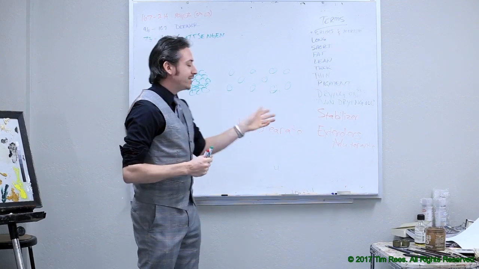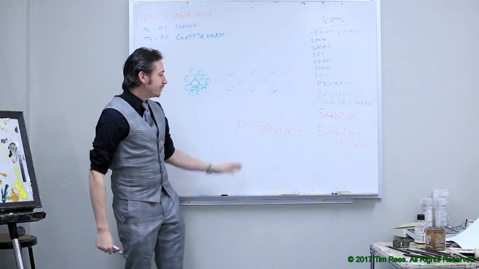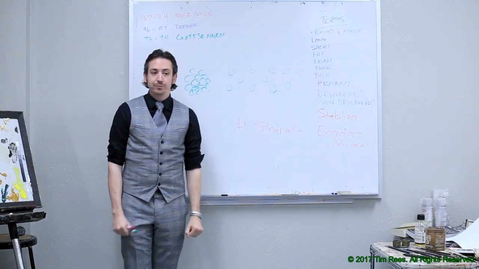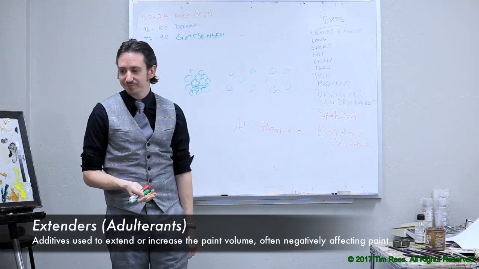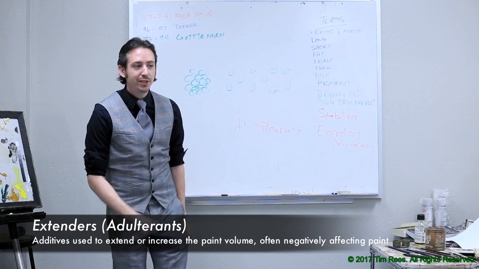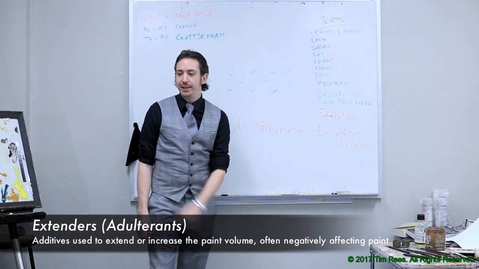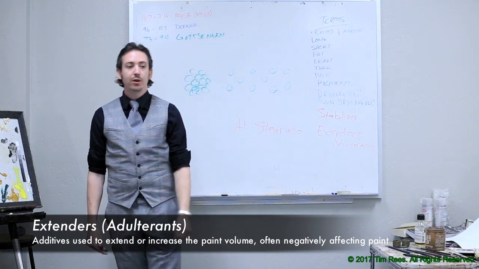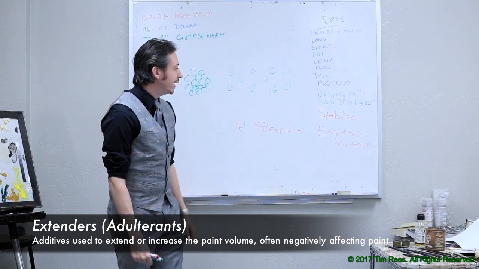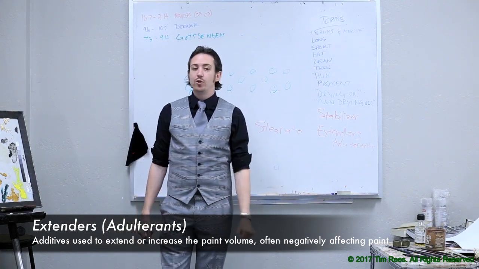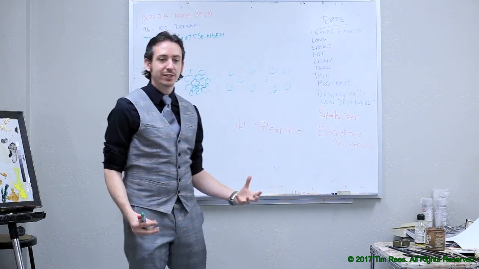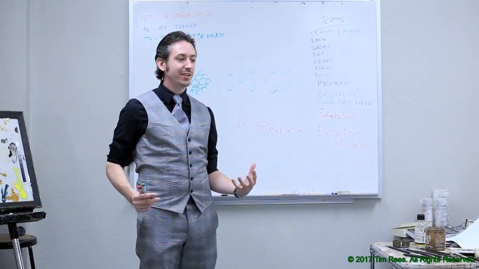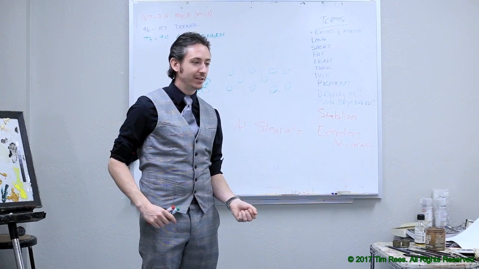The extenders or adulterants are typically things like aluminum stearate that are colorless but can give volume. So instead of just being used to stabilize the paint and give us an even consistency across the board, the extenders or adulterants will be added to the paint to beef up the volume of it and make it look like you're getting a good quantity of paint for a small amount of money.